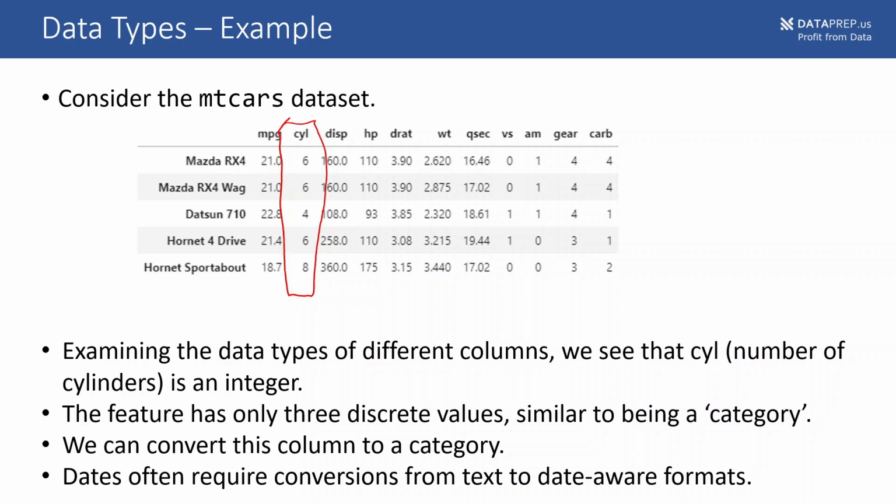It's a category because you are never going to have a car with 5.5 cylinders, for example. You can convert them into discrete categories, and then the software will treat them as if they were categories as opposed to numbers. These conversions are fairly easy to perform, whether using Python or any other software.